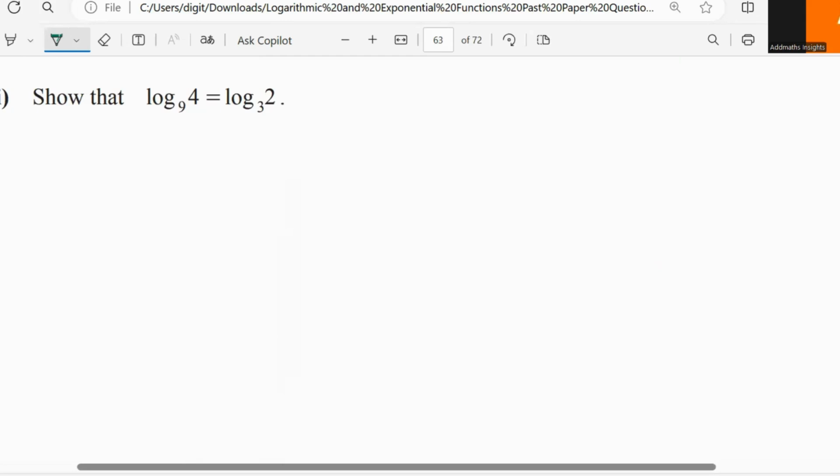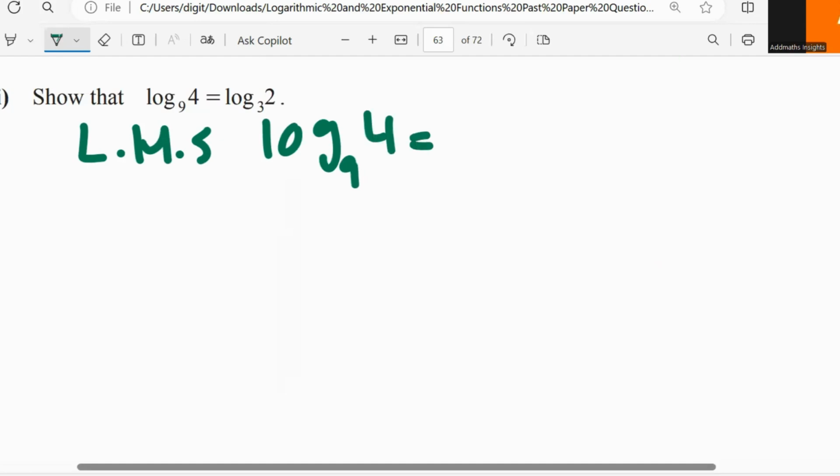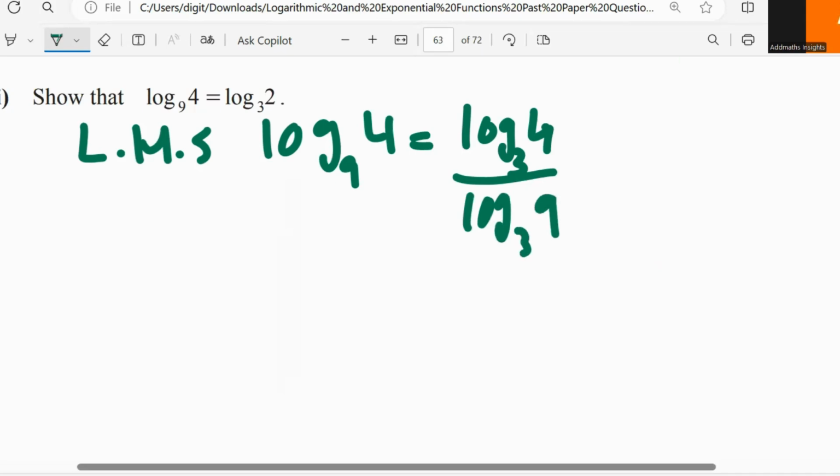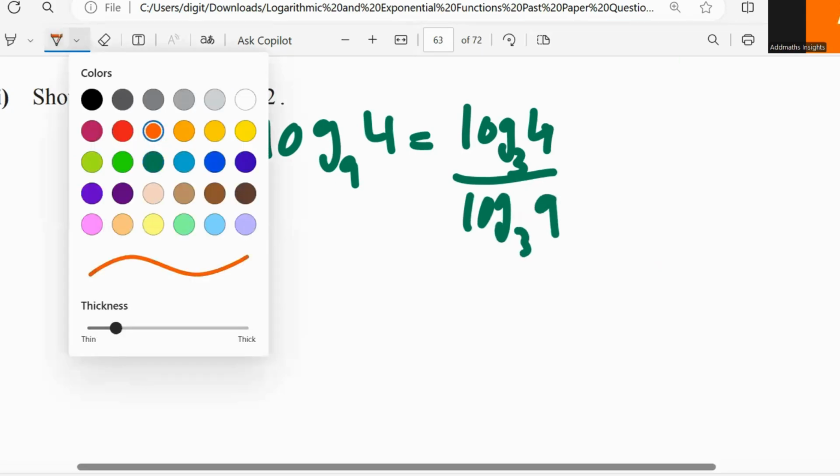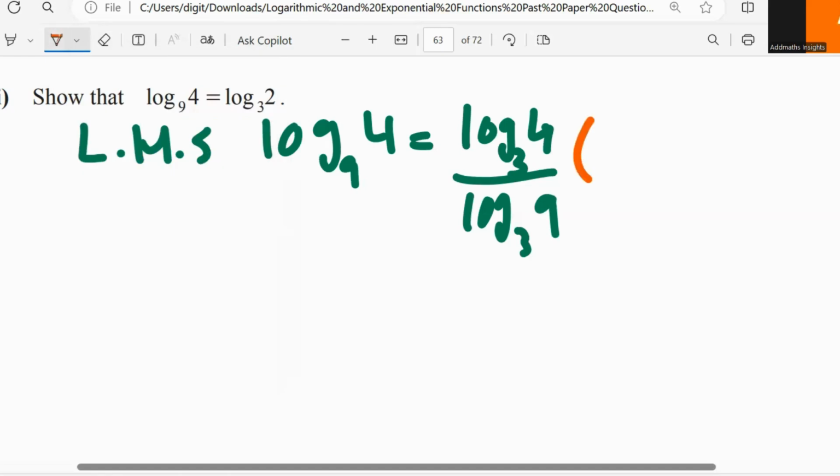For example, if I take the left-hand side of this question, log base 9 of 4, here we apply the change of base law because you see that we have to change into this base 3. So then, by using the change of base law, you can write it as log 3 of 4 over log 3 of 9.